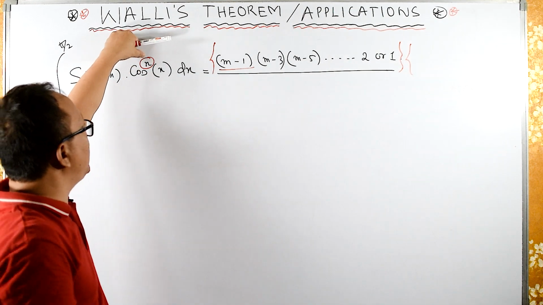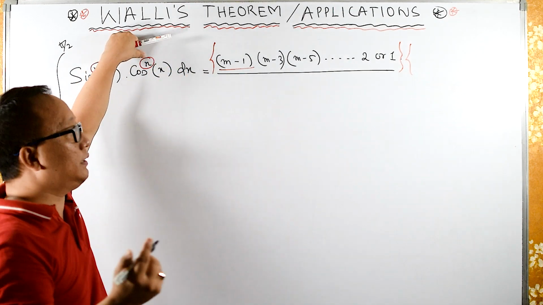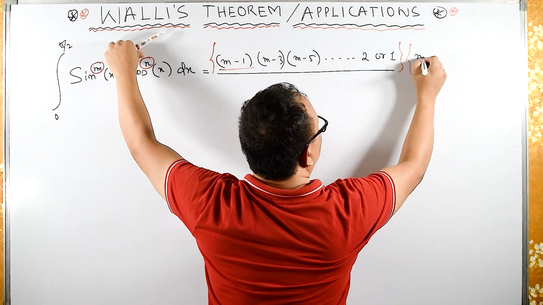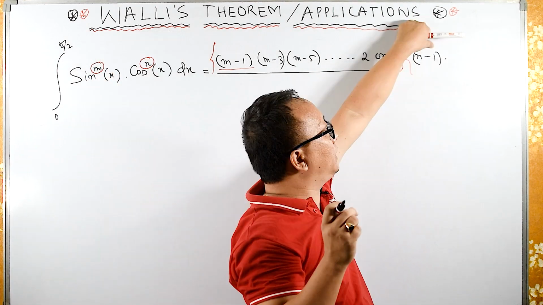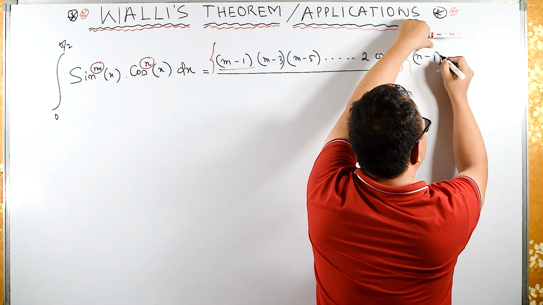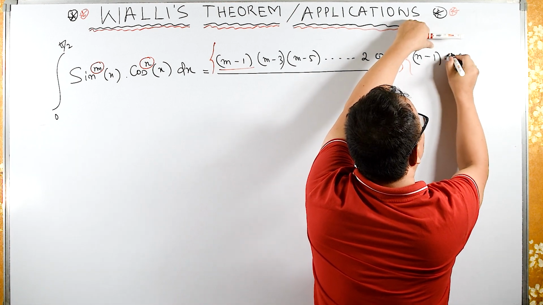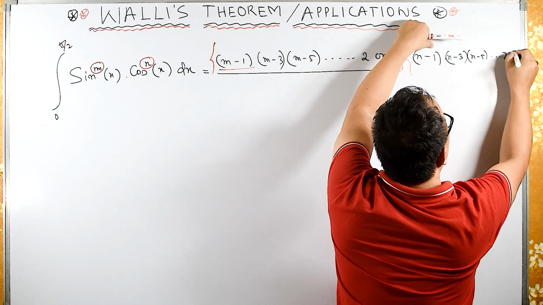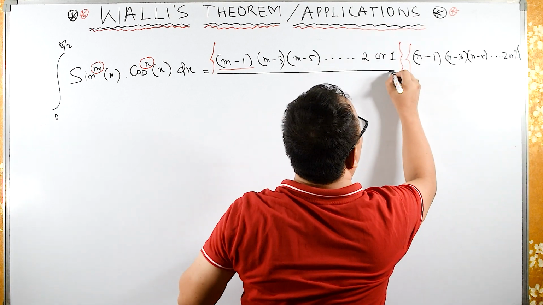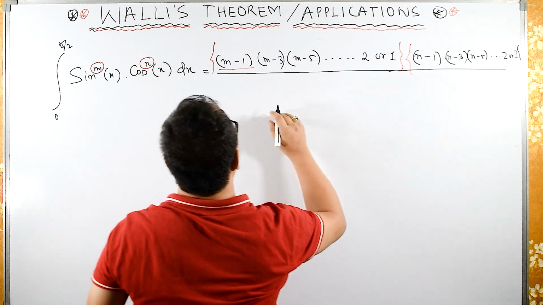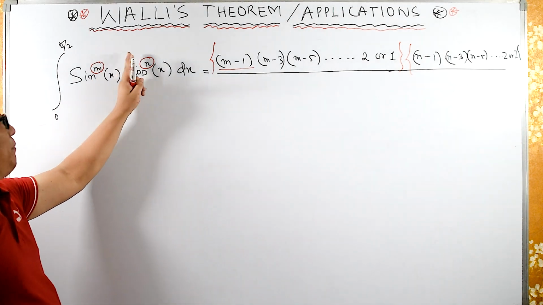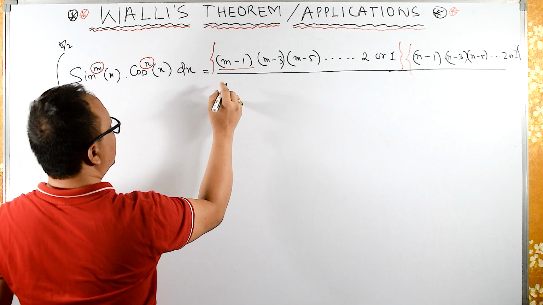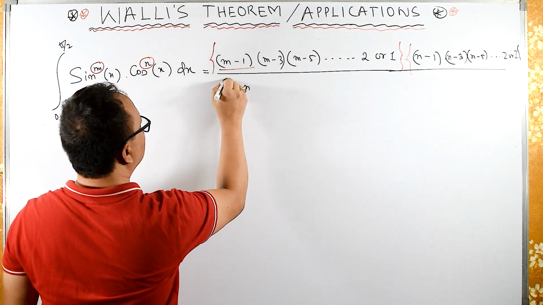You decrease from n, you decrease 1, means n minus 1. Keep on decreasing 2. Here n minus 1, then n minus 3, then n minus 5, till you get 2 or 1. Upon, in the denominator, m plus n: you add the indices, m plus n.